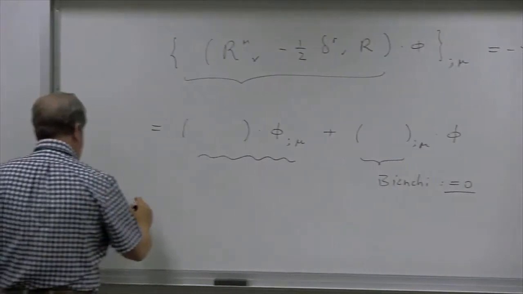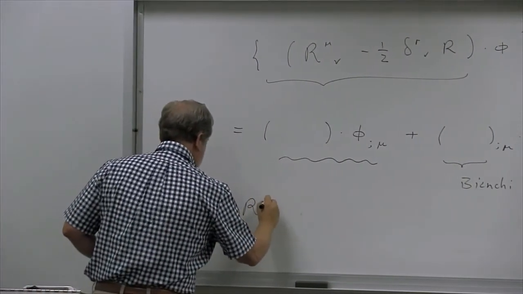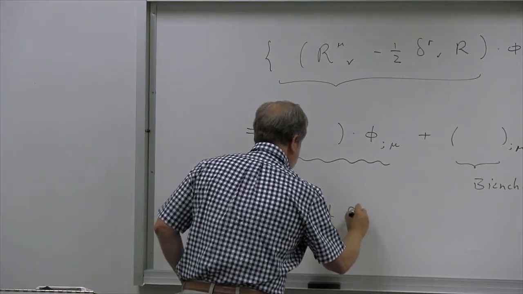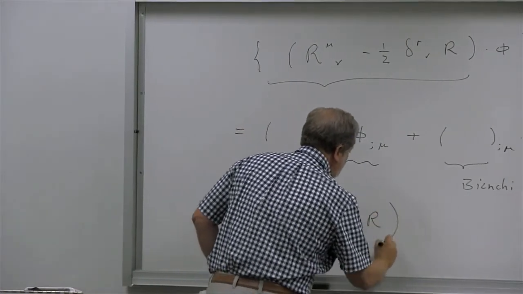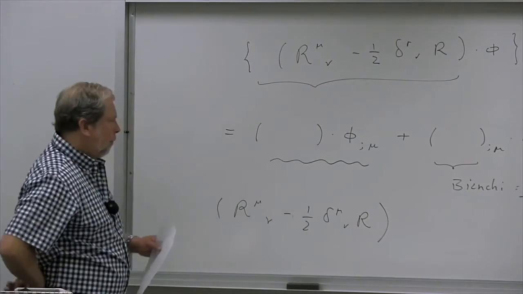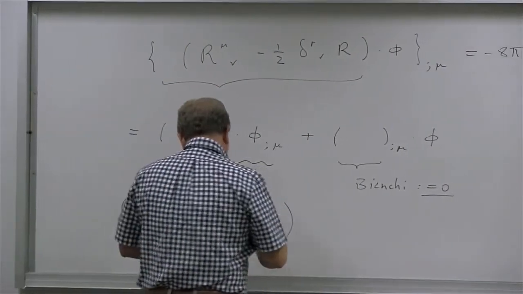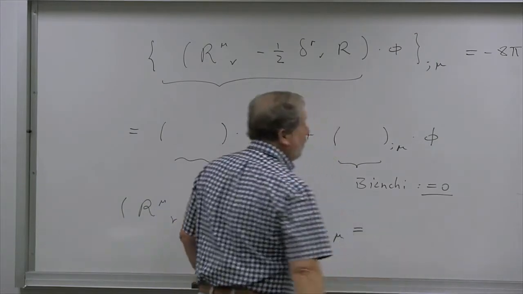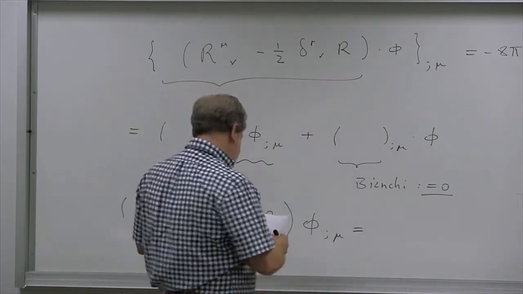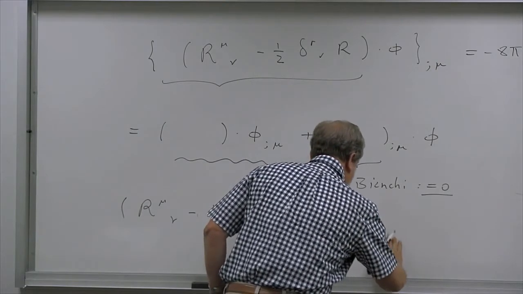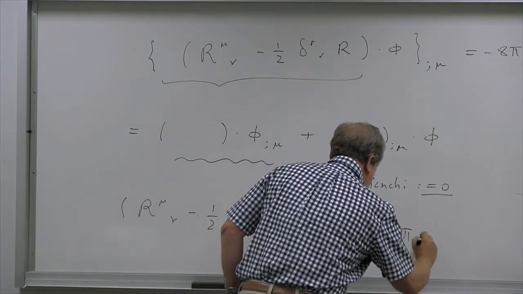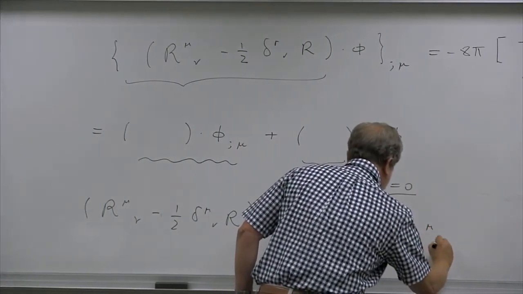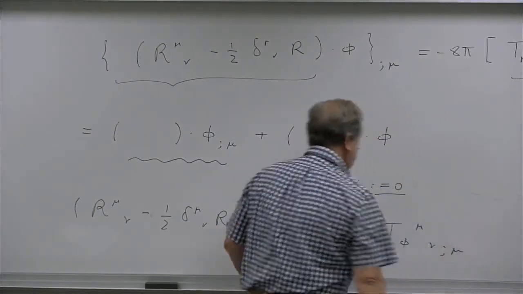So we have that R_μν minus 1/2 δ_μν times R, in parentheses, times the derivative of phi semicolon μ, that is going to be equal to minus 8 pi times the T for the phi field, μν semicolon μ.